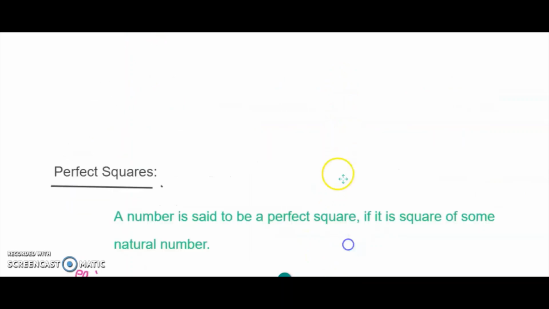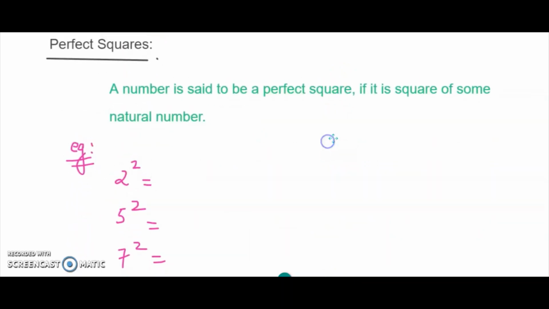Okay. Now we are going to go with some more examples of perfect square. So again, I have written the definition of perfect square. A number is said to be a perfect square if it is a square of some natural number. That means you select any natural number, you square it, you multiply the number to itself, and the answer that you get is a perfect square.